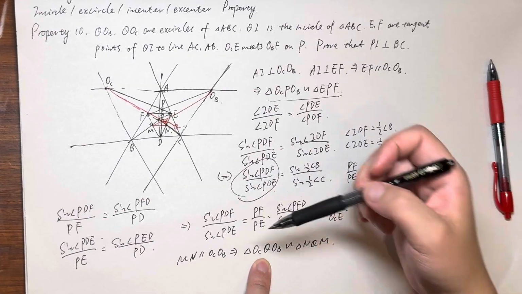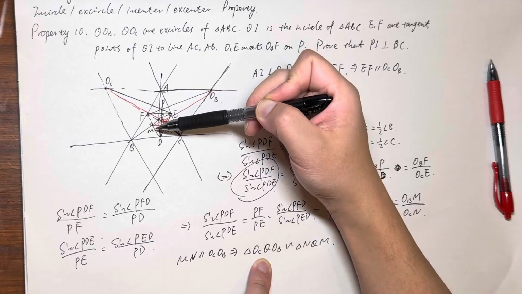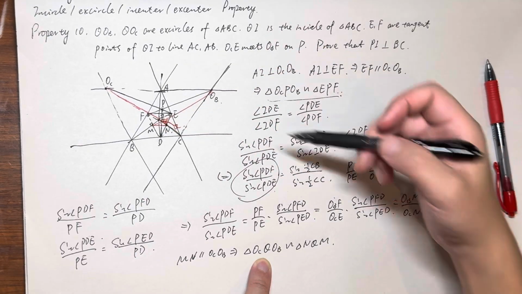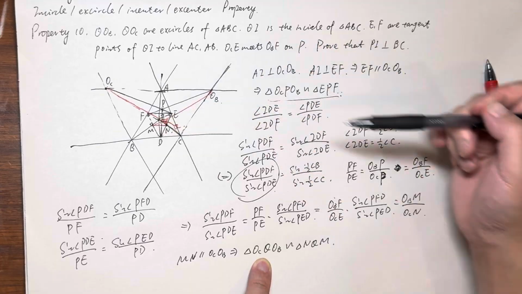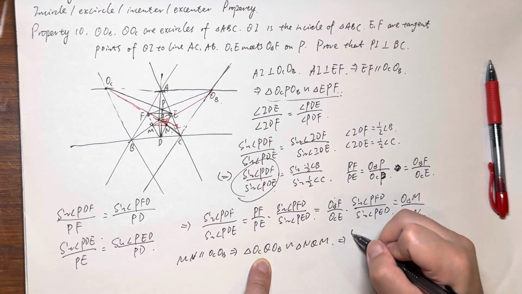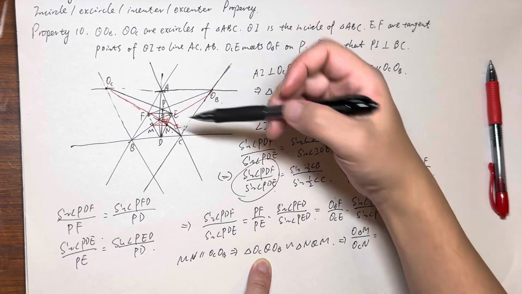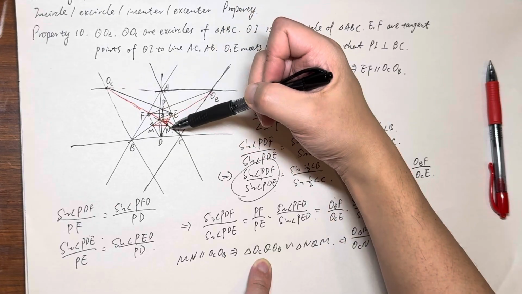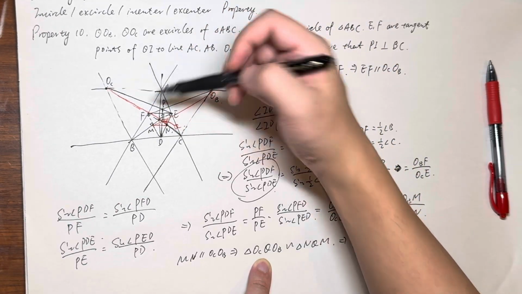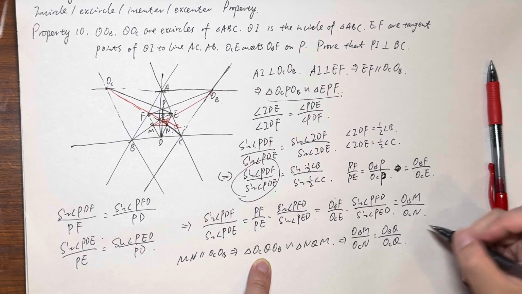Now we have that triangle OCQOB is similar to triangle NQM. Back to here, the ratio OBM to OCN now equals OBQ to OCQ, right?